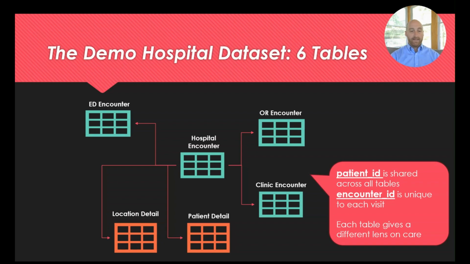And the last is a bunch of details that we have about locations. So when we collect information on where a patient is, there may be 10 things we want to know about that location. Level of care, the department name, the region name, the hospital name, so many things. So I've separated it out.